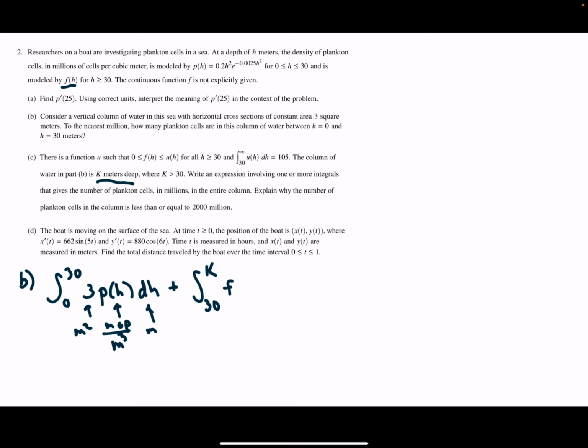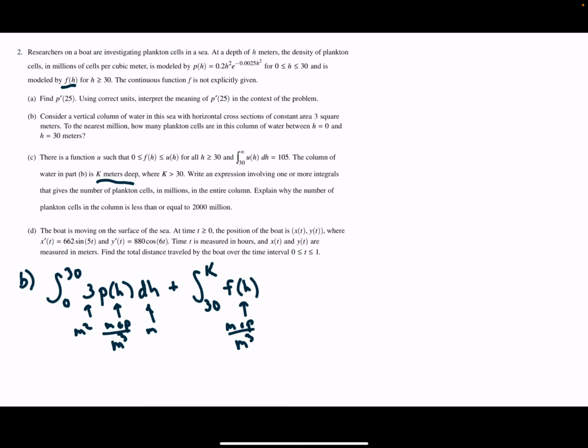Okay, and we're assuming that the units on F of H are the same as the units on P of H. So it's the same thing. This is going to be in millions of plankton per cubic meter.